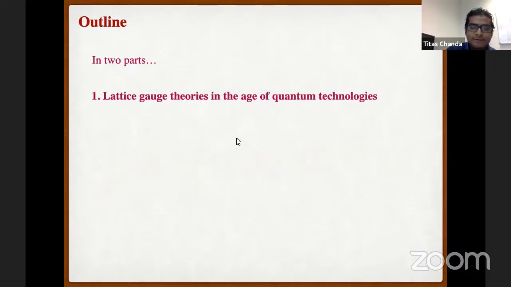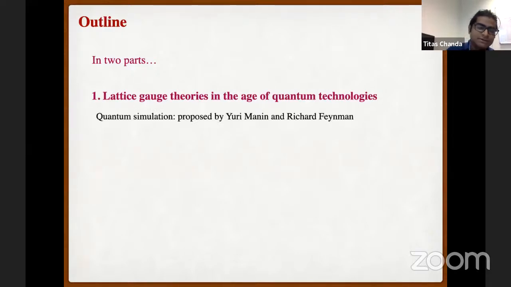By quantum technologies here, I mainly mean quantum simulation, first proposed by Yuri Manin and Richard Feynman back in the 1970s and 80s. The proposition was that since nature is inherently quantum, it is quite inefficient to simulate it via classical means, for example, via classical computers.